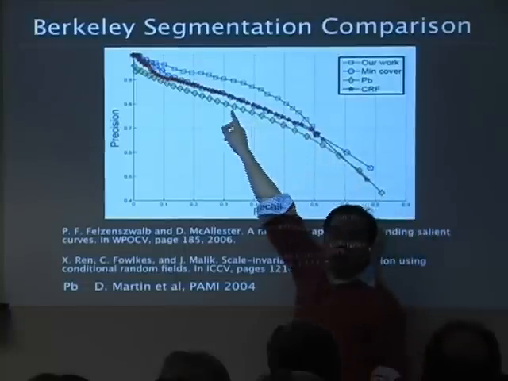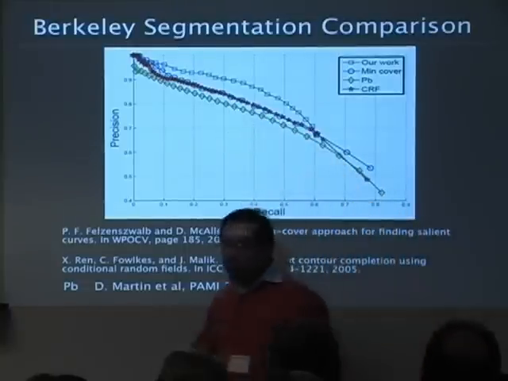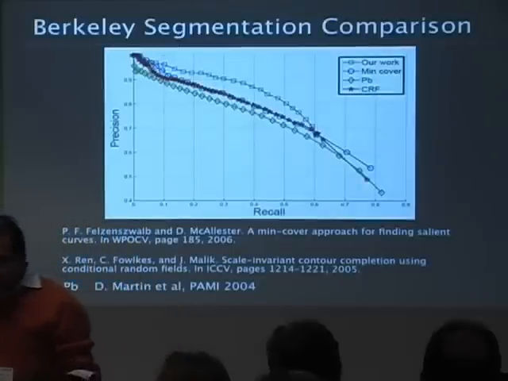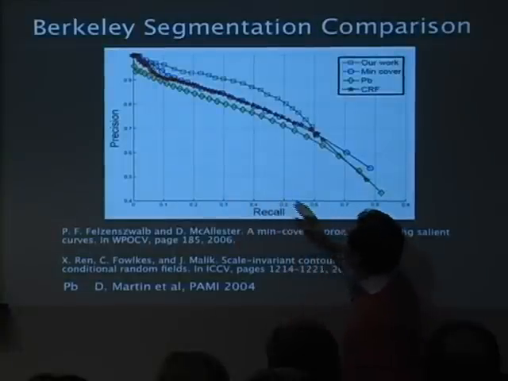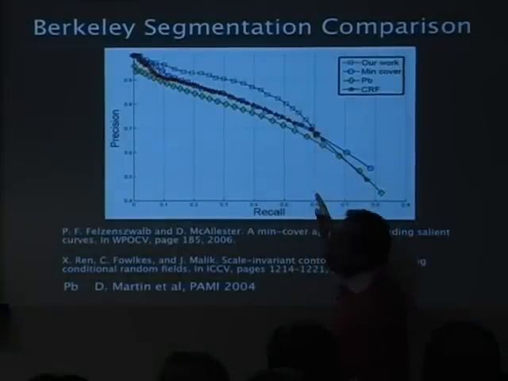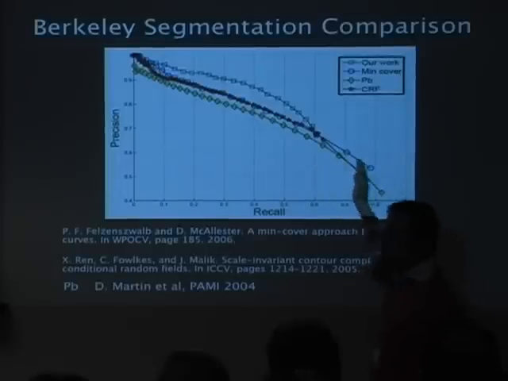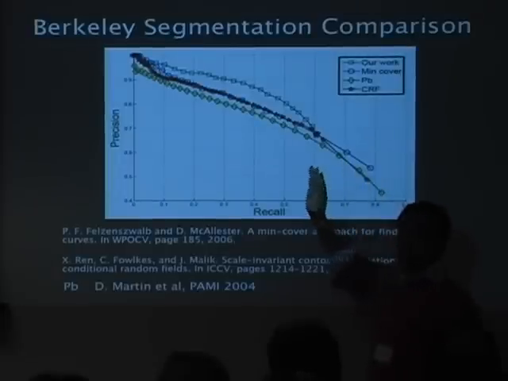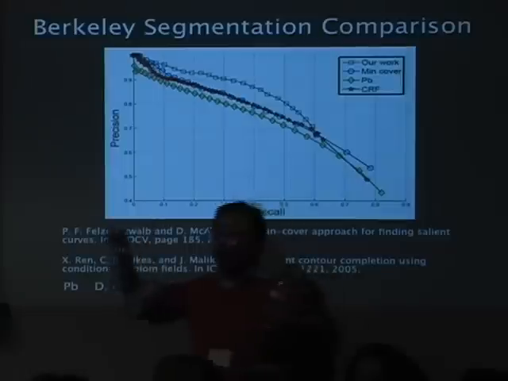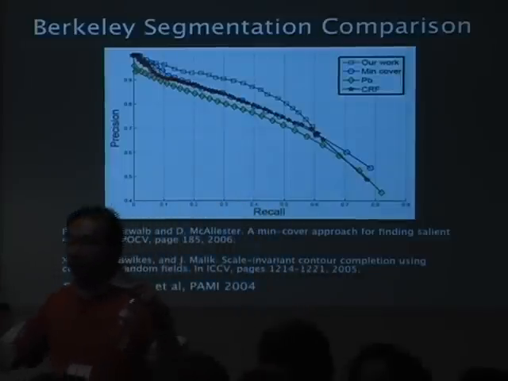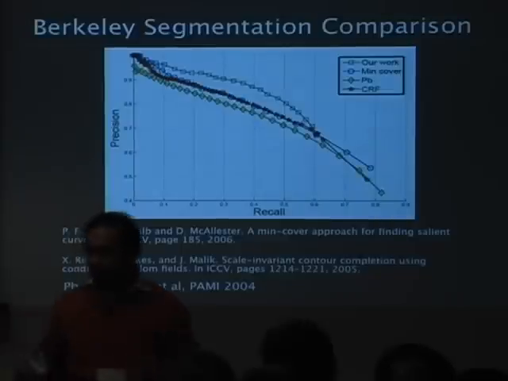And ours, you can see, is on top quite a bit. We do better in the recall range of anything above 60%. Actually, we don't do anything after 60% because we cannot group small contours. The contours have to be grouped together, so beyond that point we cannot group anything and we don't return anything. We cannot detect small fragments.